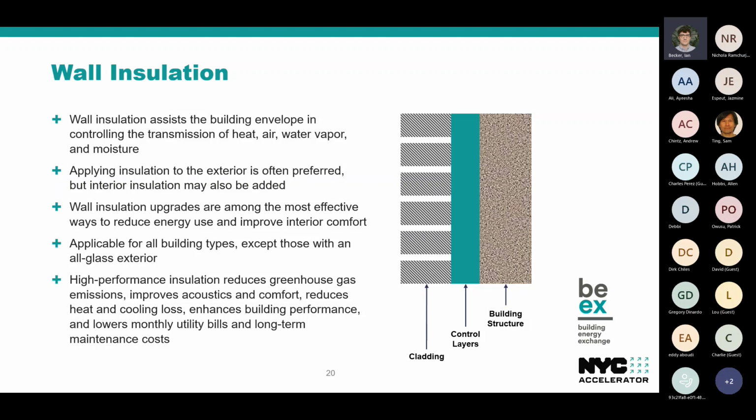The careful upgrading of insulation is one of the more effective means of reducing energy use and improving the efficiency of a building. And upgrading wall insulation with air sealing and the installation of high performance windows and doors is basically a whole building envelope retrofit that will greatly enhance the performance of a building.